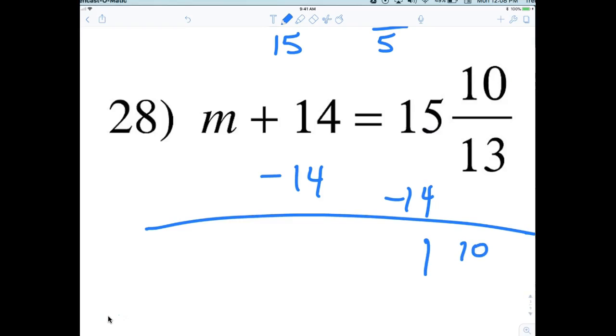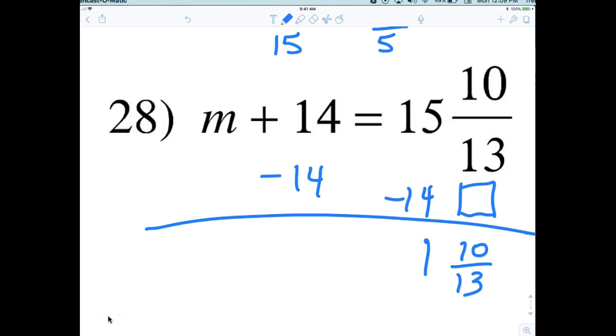Now, the reason why we can do that, let's talk about this real quick. Because this fraction over here is 0, right? So can I go 10 thirteenths minus 0? Yes. That's 10 thirteenths. And then 15 minus 14 is what? 1. Now look at that and make sure you understand the difference. All right? Is everybody okay with that?